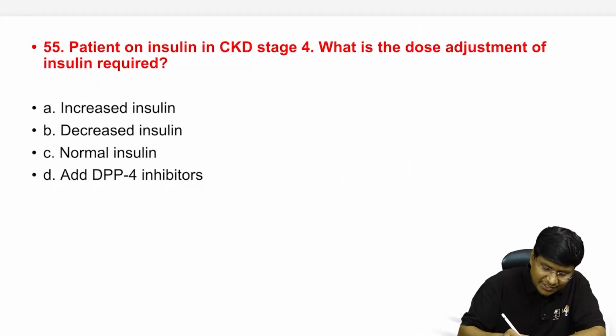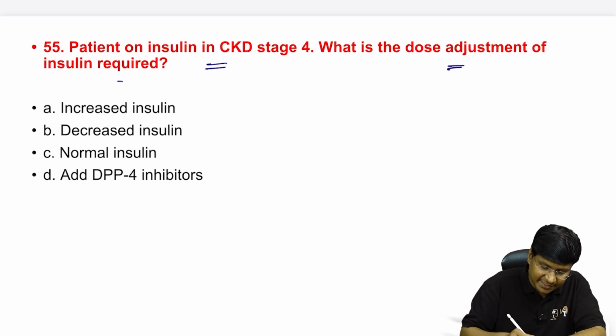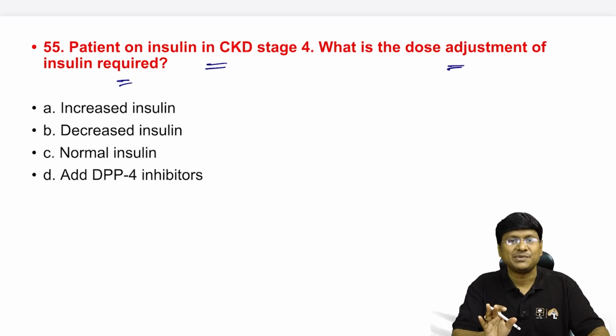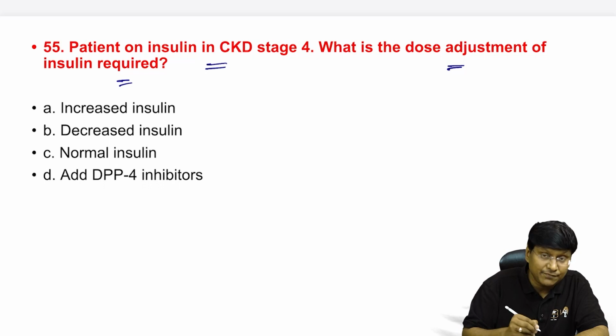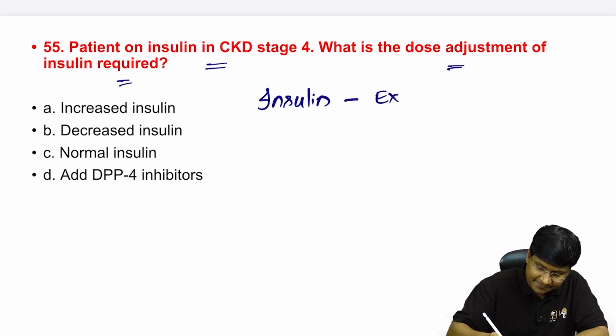Now, patient on insulin in CKD stage 4, what dose adjustment of insulin is required? Increased insulin, decreased insulin, normal insulin, or add a DPP4 inhibitor. Insulin is a hormone that is metabolized and excreted through the kidney.